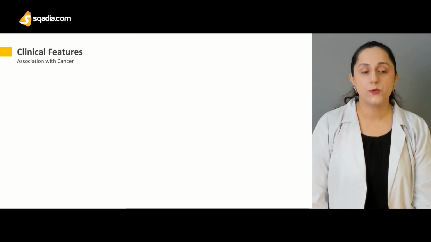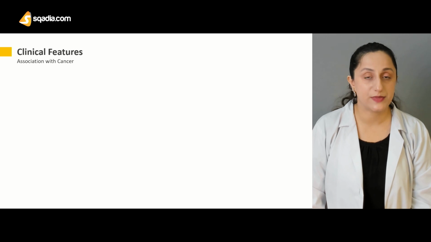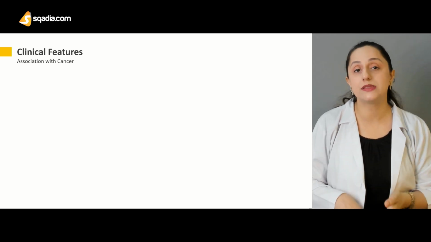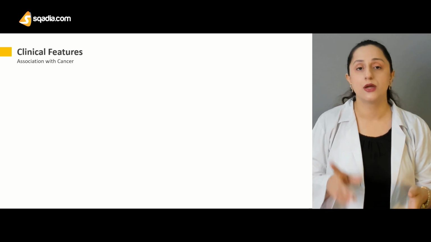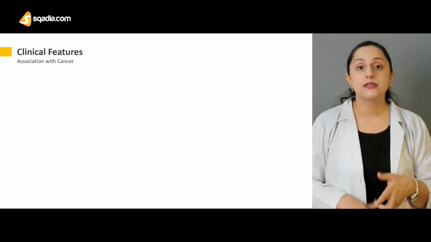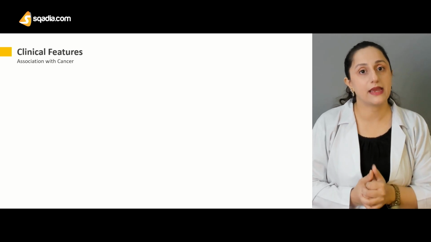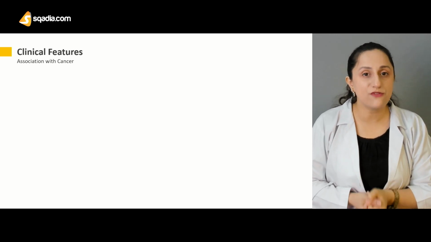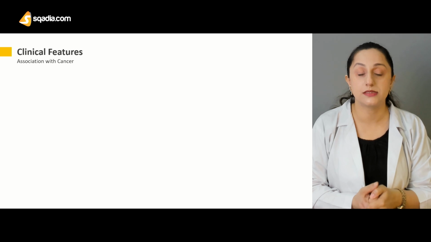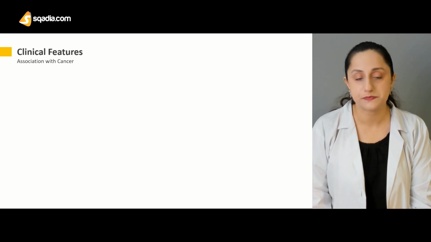Now, usually when we have these cases of dermatomyositis, there is again a very important association, not only with the underlying autoimmune disorders, not only with the underlying infectious states in the individuals. There are a lot of researches suggesting that a lot of cancerous conditions are usually associated with the development of dermatomyositis.